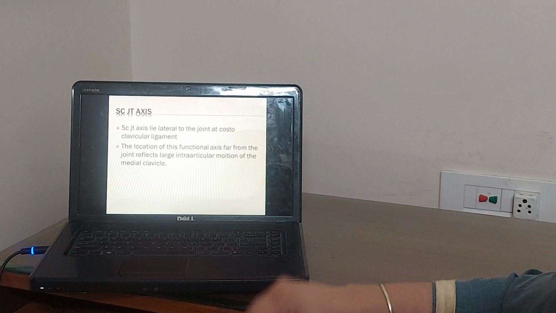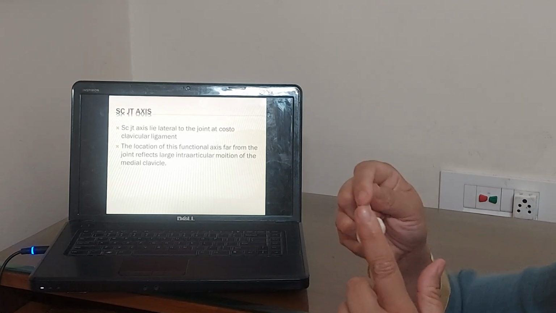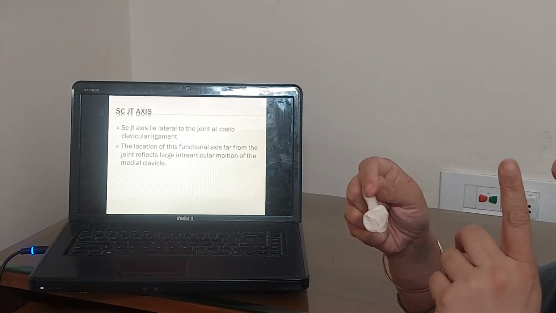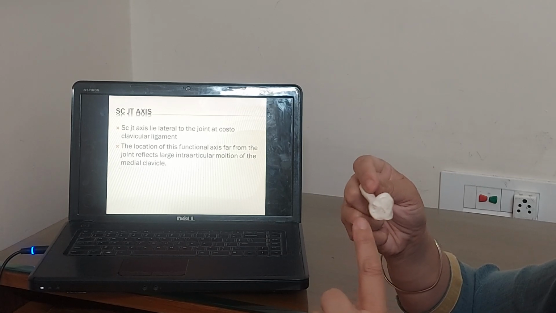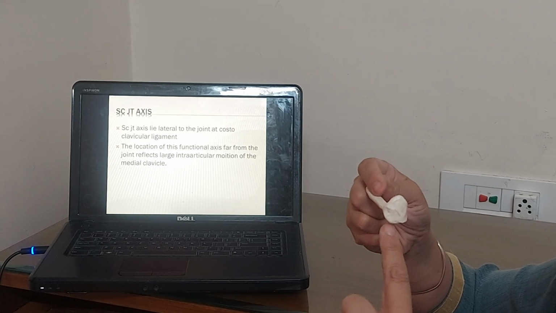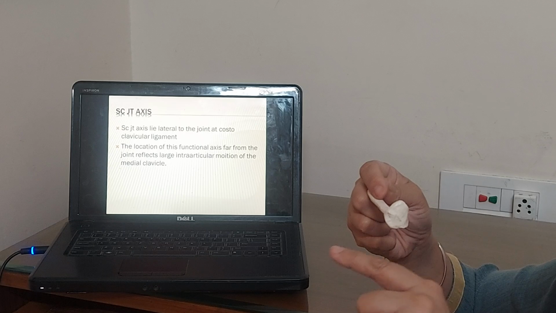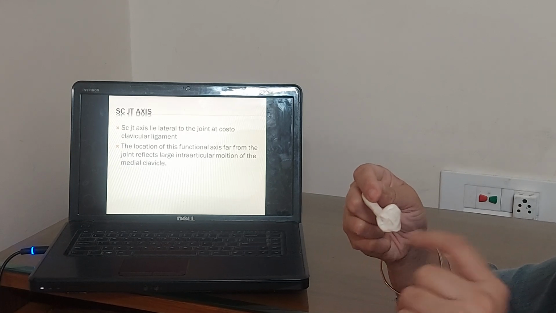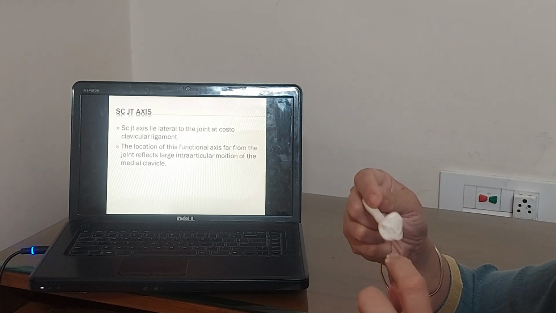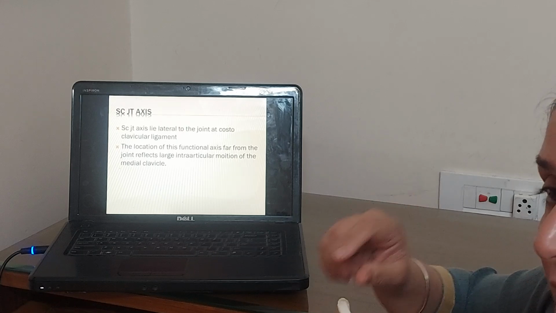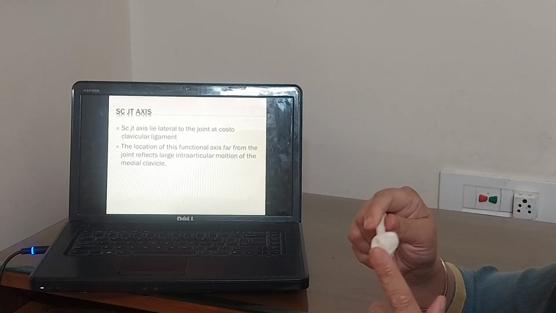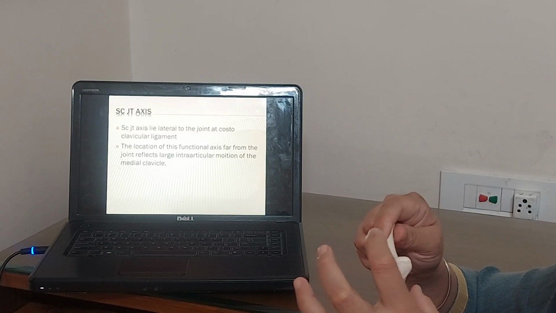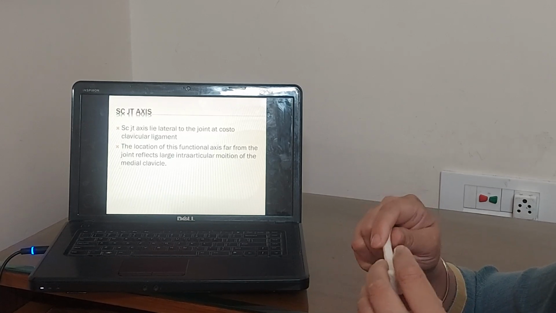Now, if we see the SC joint axis, it lies just lateral to the joint and near the costoclavicular ligament. So the location of this functional axis far from the joint reflects a large intra-articular motion of the medial end of the clavicle.